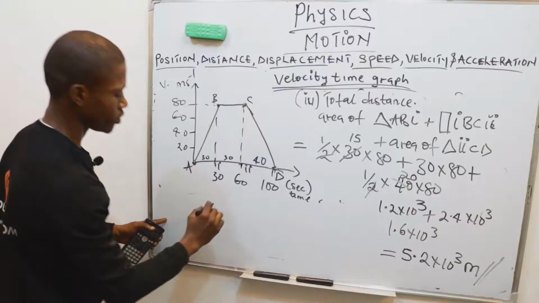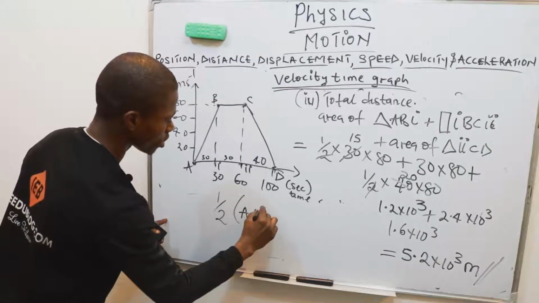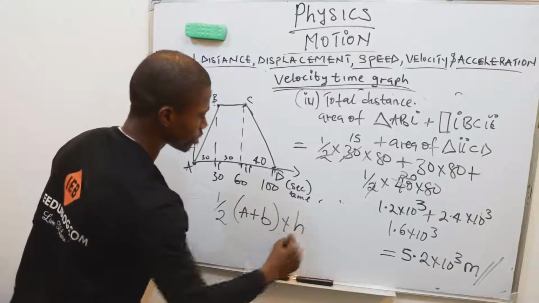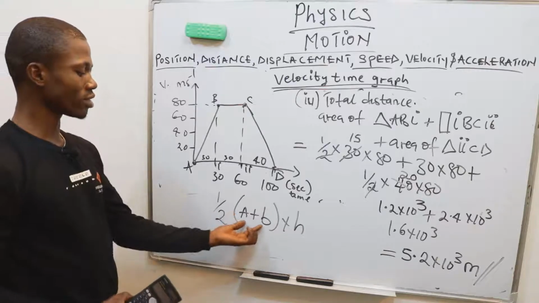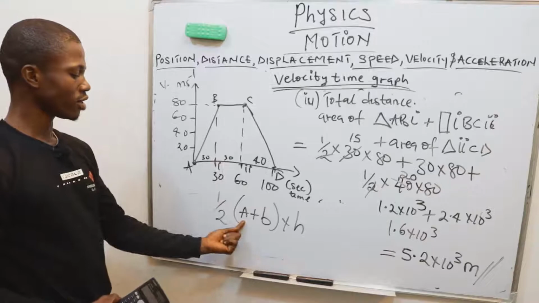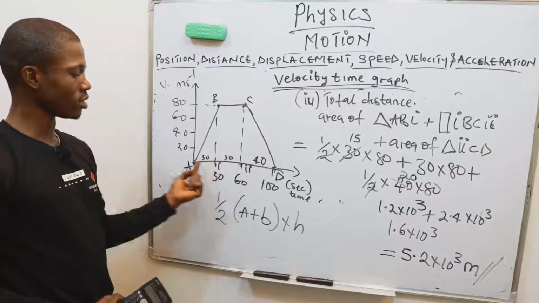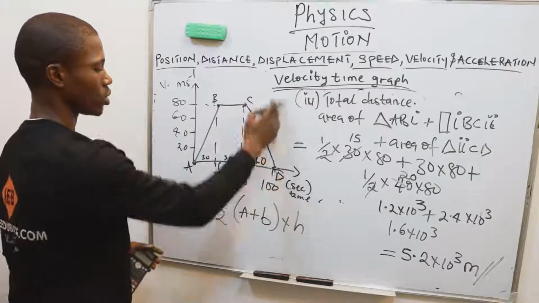So area of a trapezium is just half (A plus B) times height, where A and B are the two adjacent sides. The first adjacent side is this side, and the second is up here, times our total height.